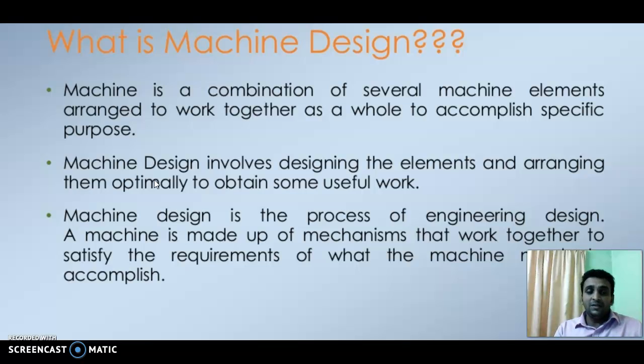That is what optimally means. Then the third point here, machine design is the process of engineering design. A machine is made of mechanisms that work together to satisfy requirements of what the machine needs to accomplish. So this is the machine design.